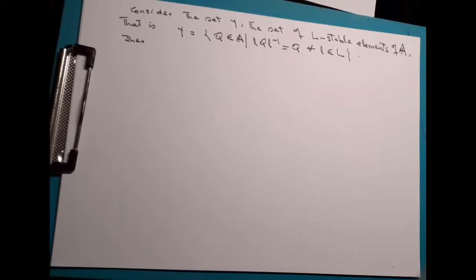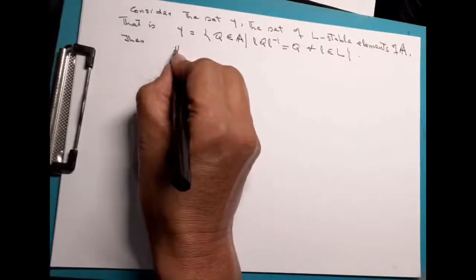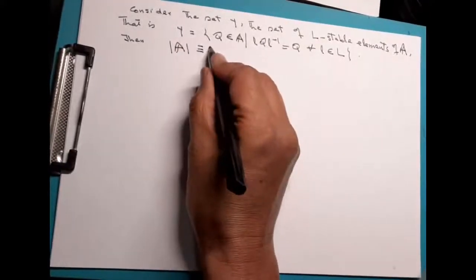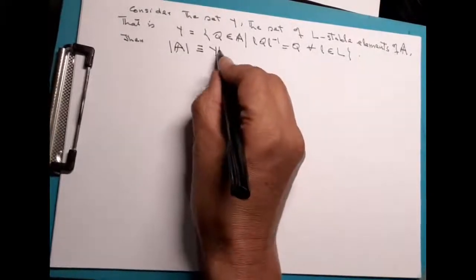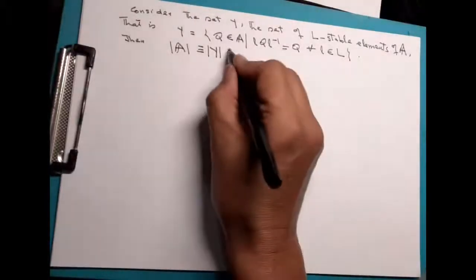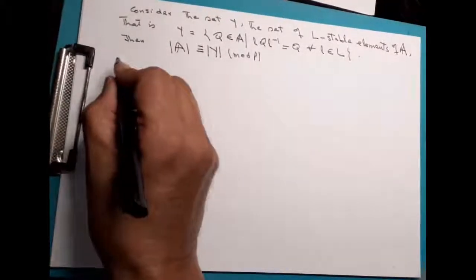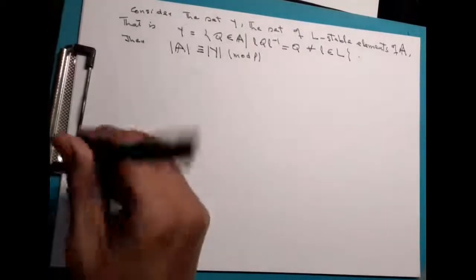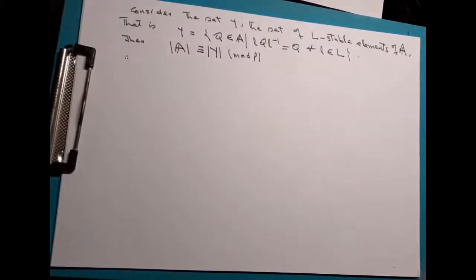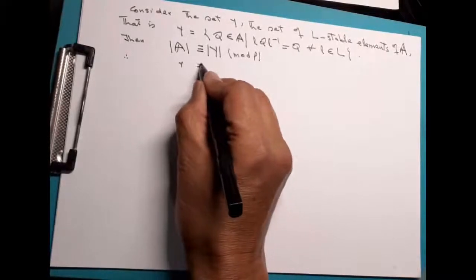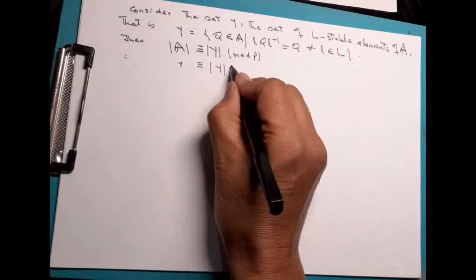The result says that if we have a group action, then the number of elements in the set on which the group is acting is congruent with the number of stable elements, in this case the number of L stable elements, mod P. This is the result we have already discussed, and we know that the number of elements in A, the set of all Sylow subgroups, we denoted by R. So R is congruent with Y mod P.